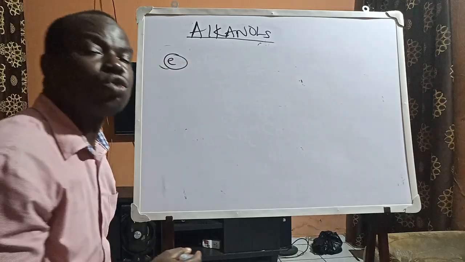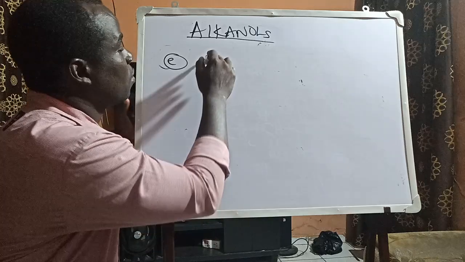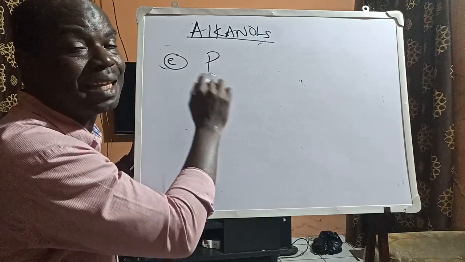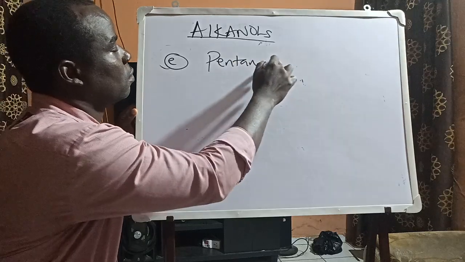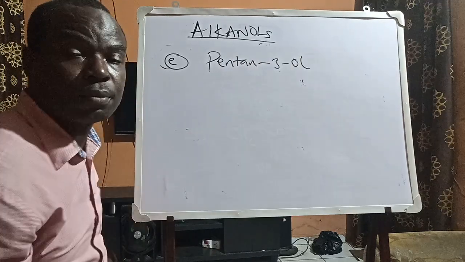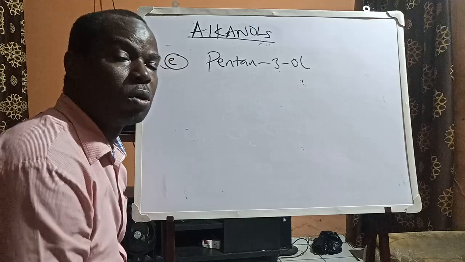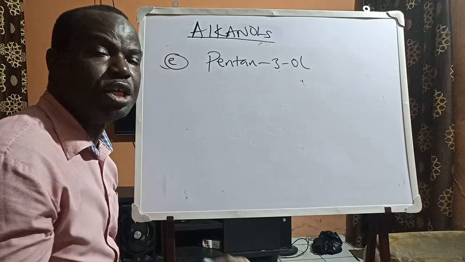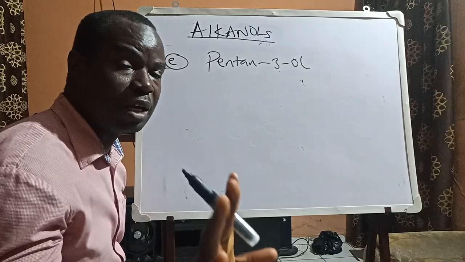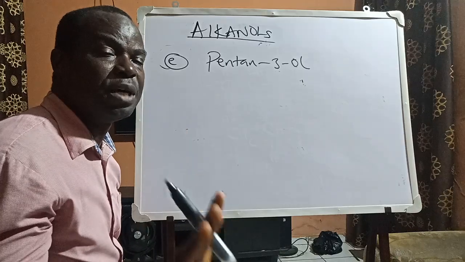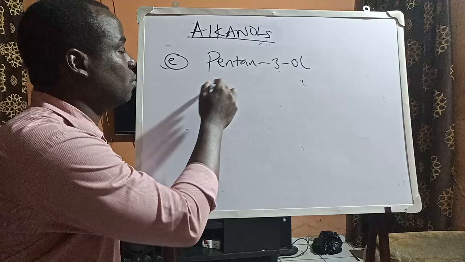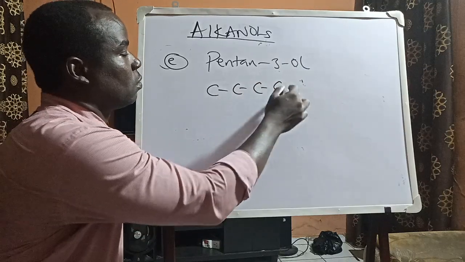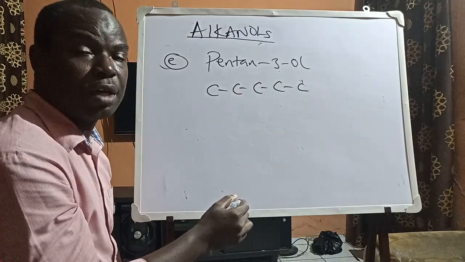Let us draw the structure of pentan-3-ol. Now you remember that pentan means, pent means 5, like I told you in the first video. Pent means 5. So we put 5 carbon atoms. Okay?